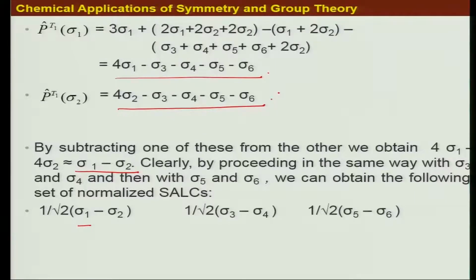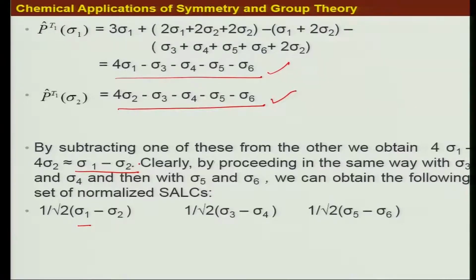Until you get orthogonal functions, you have to try orthogonalization, and thereby here you use this subtraction, where you subtracted the second combination from the first one, and you got the function sigma 1 minus sigma 2.